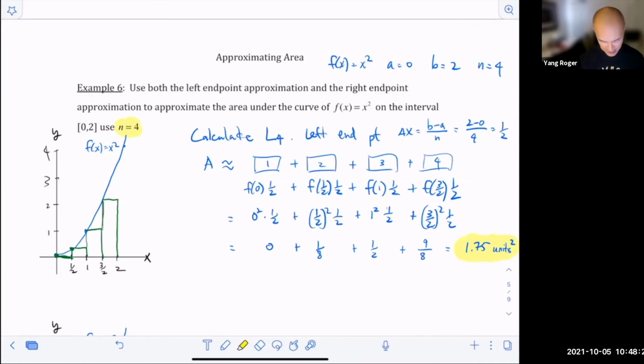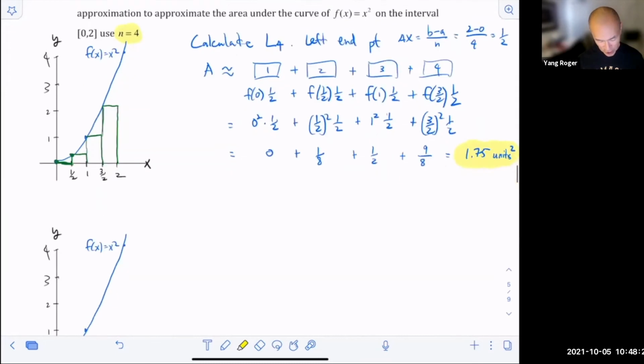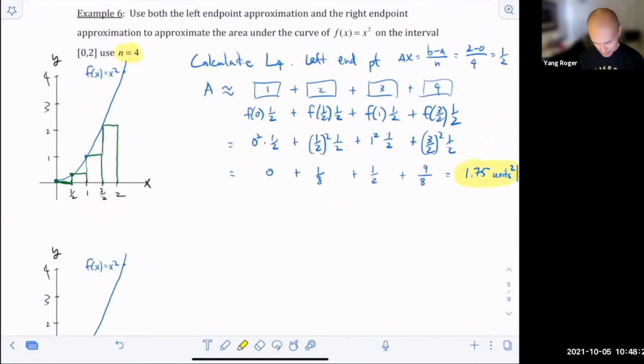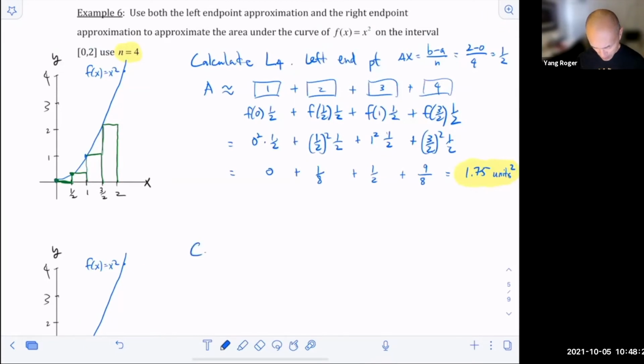All right. I want you to calculate R4. Do that for me, please.